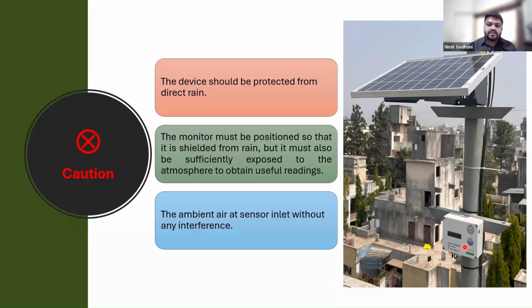For that we need an overshield, with the ambient sensor inlet free of any interference. Suppose this sensor is installed here, as you can see in this picture, but you cannot put it here because it would obstruct the airflow.